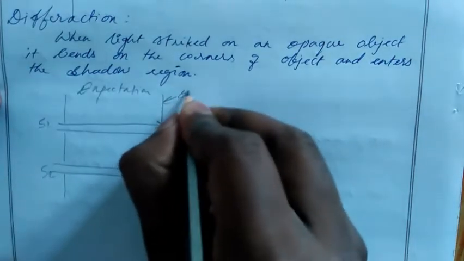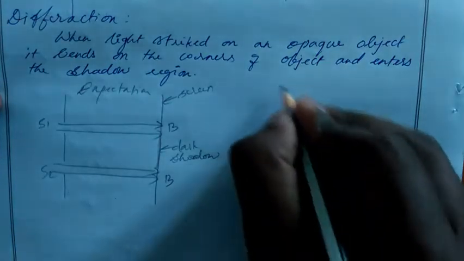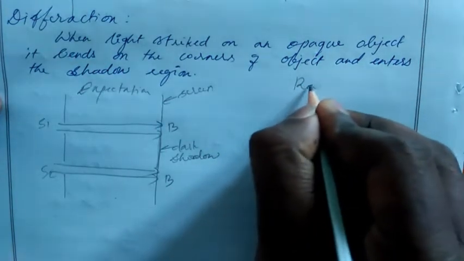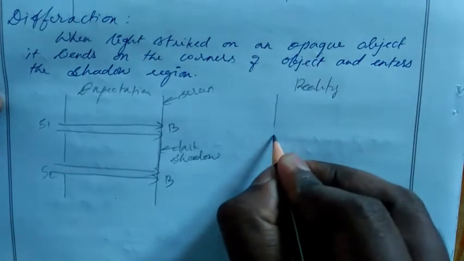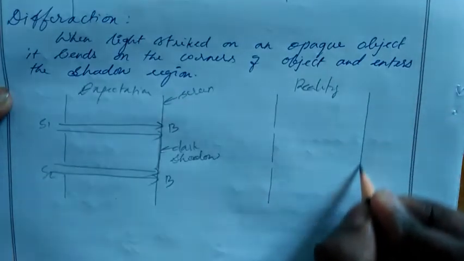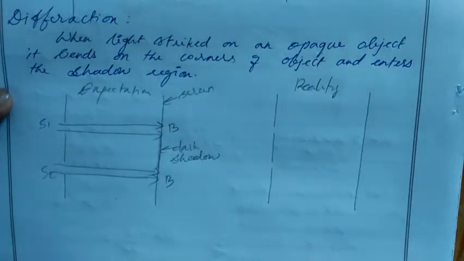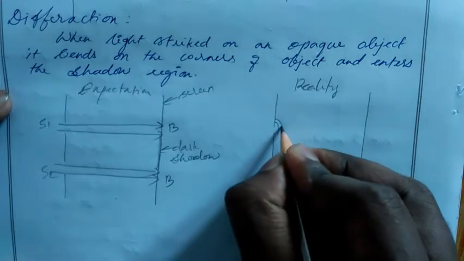So here we have the screen. But what actually happens, the reality, is that when light comes through the slit, it comes like wavelets, correct?